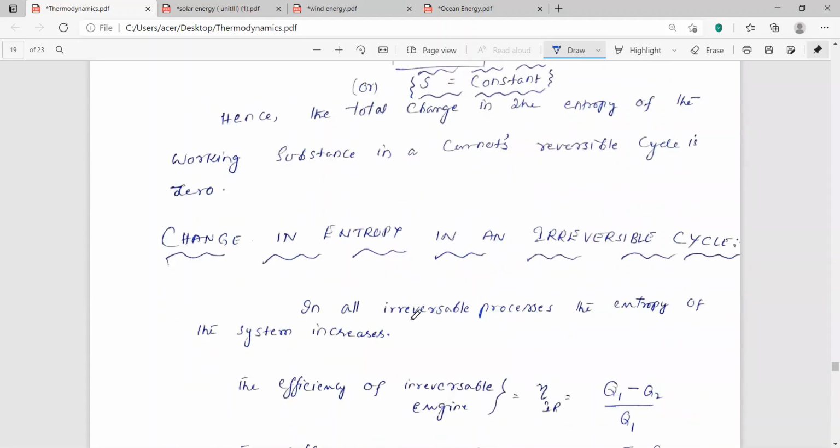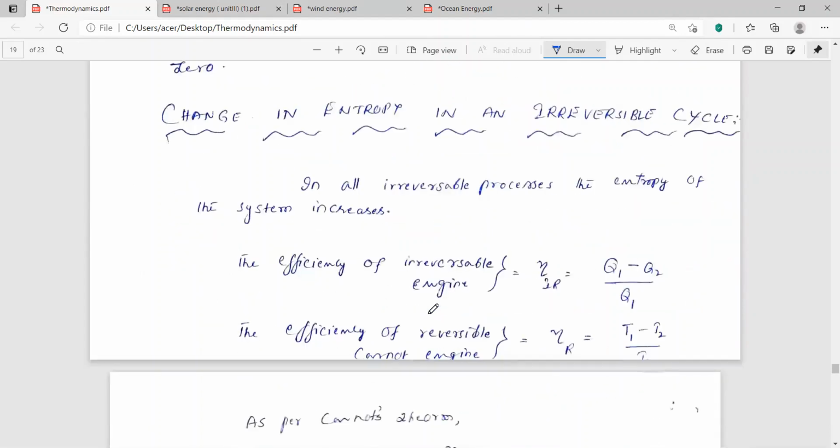Now we will prove that the change in entropy increases in the irreversible cycle in the following manner. As you well know from Carnot theorem, the efficiency of a reversible engine is always greater than the efficiency of an irreversible engine working between the same source and sink.